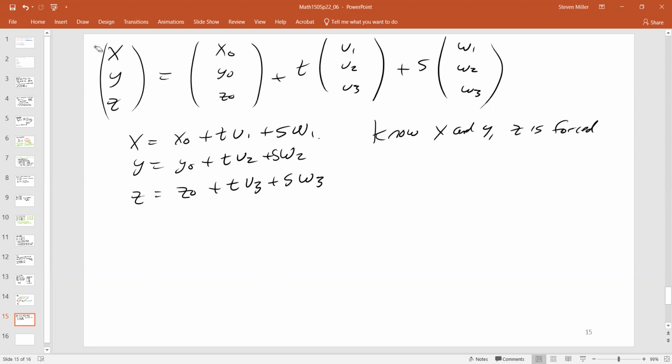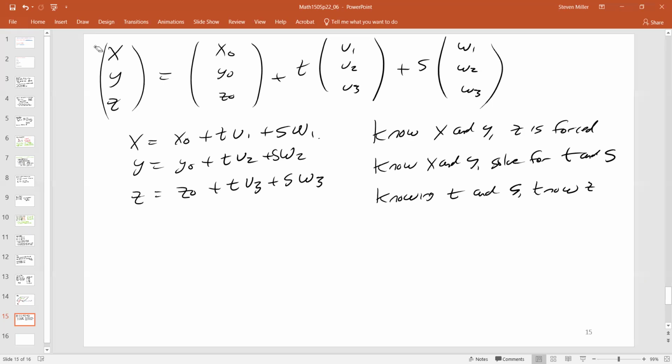Well, if we know x and y, we can solve for t and s. And then, knowing t and s, we know z. Is everybody comfortable that if we know x and y, we know t and s? And now that we know t and s, we know z.